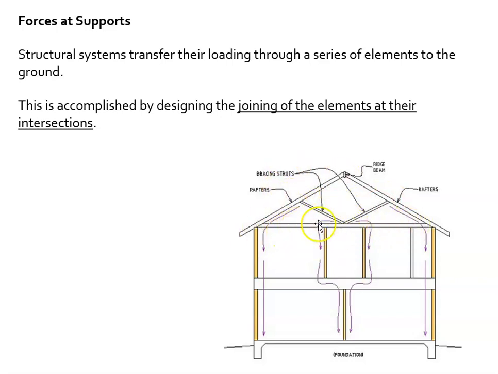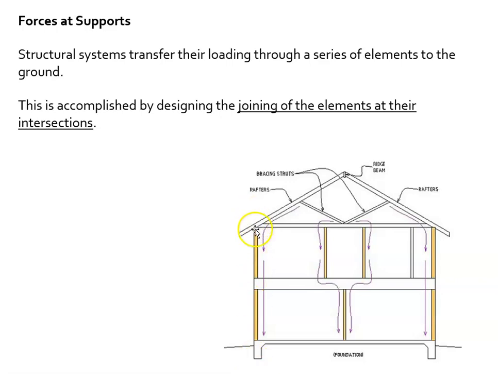Then we have ceiling joists, and then, starting at the bottom and going up, we have our footings, slab on grade, wall, floor, more wall, and then rafters. So if the snow is sitting on the rafters, the load is going to transfer from the rafter to the wall, to the floor, to the wall, to the foundation, to the earth. That is how we trace the path.